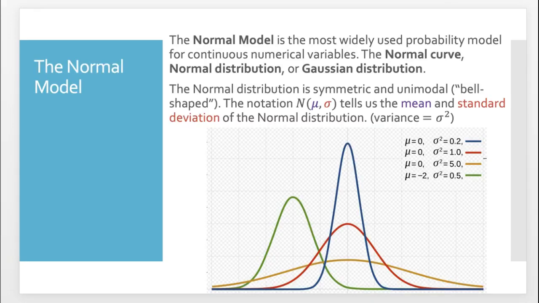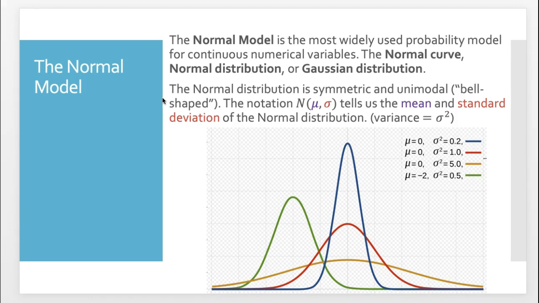As a reminder, this normal model is a continuous numeric variable, and the normal curve is called the normal curve, normal distribution, or Gaussian distribution. One thing to note about this curve, unlike the one for the MTD bus waiting time, it's not a constant function. The distribution is symmetric and unimodal. Sometimes they call it bell-shaped.